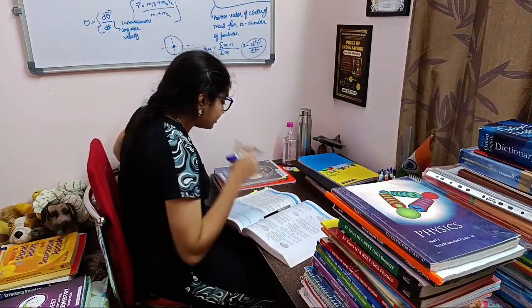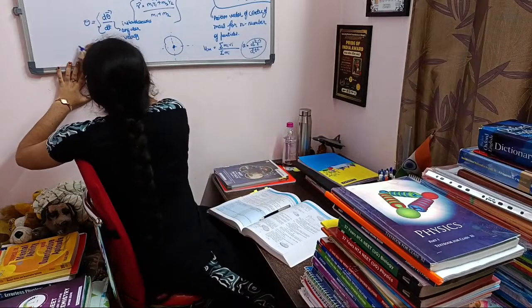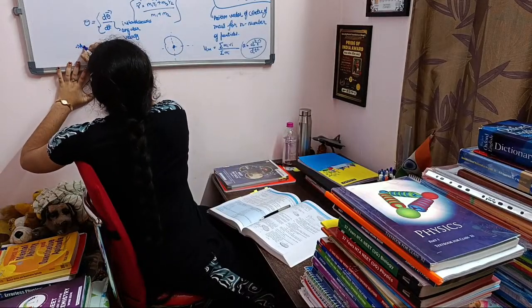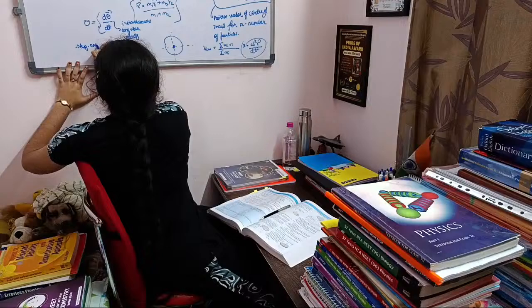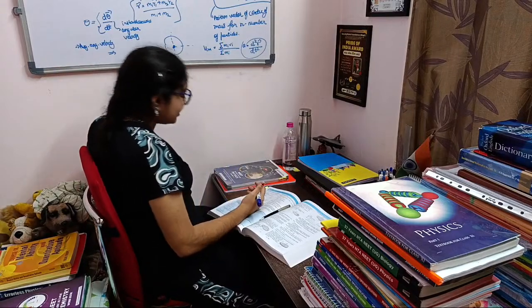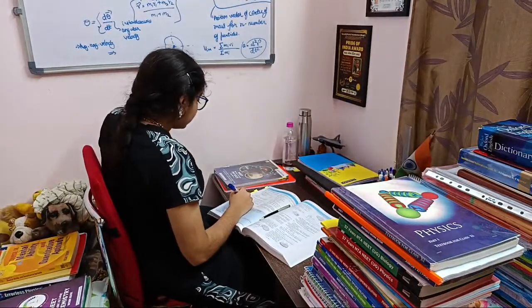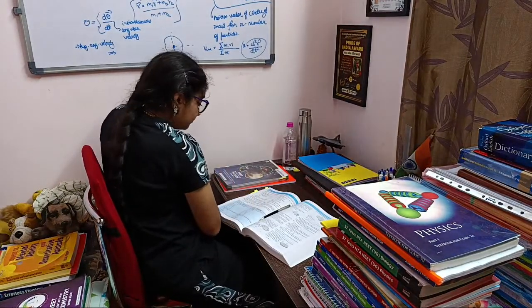Okay, then average angular velocity. This is instantaneous angular velocity, and we also have average angular velocity. For that also there is a formula: omega average equals total angular displacement by total time.